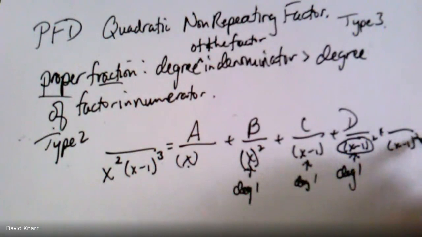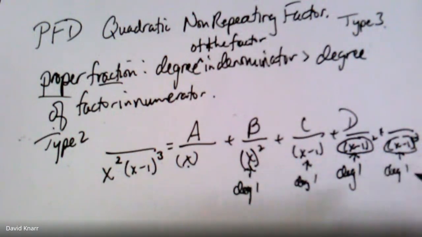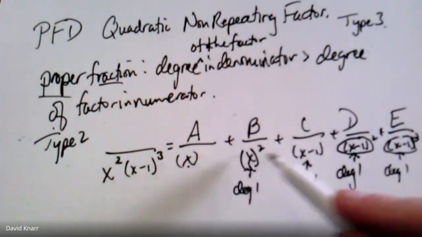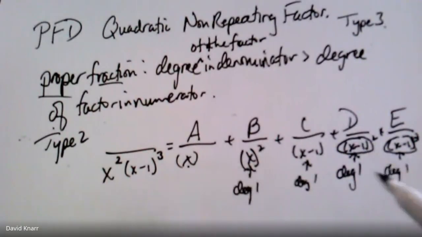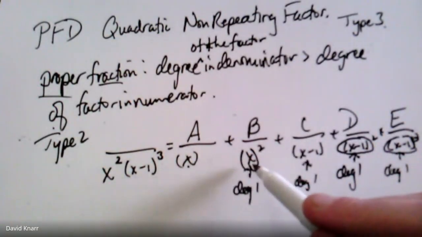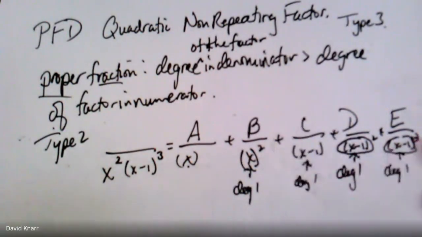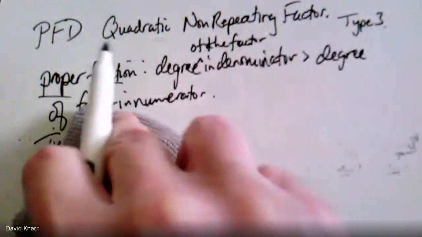And then here, the x minus 1 cubed, again, the factor is x minus 1. It's degree 1. So on top, we just put an e. So all of these factors that we had were linear. Now, some of them were raised to higher powers, but they were linear factors that were being raised to that power. That was type 2.